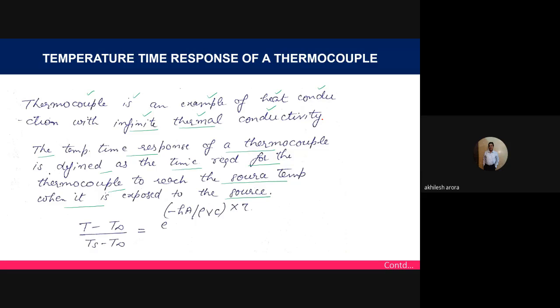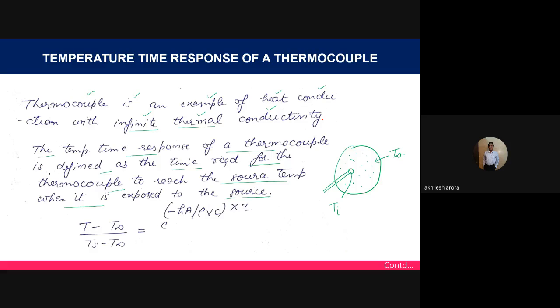For example, suppose this is a thermocouple wire with a bead here, and it is put in some environment where it has to measure the temperature. The initial temperature of the thermocouple is Ti, and the fluid temperature is, let us say, T infinity. How much time will it take to measure this temperature of the fluid?